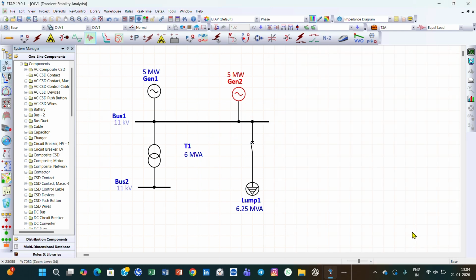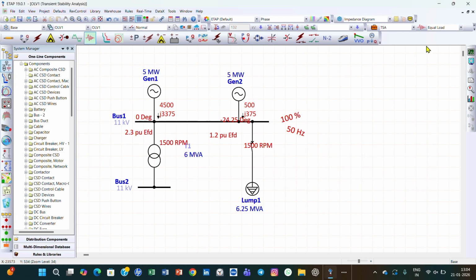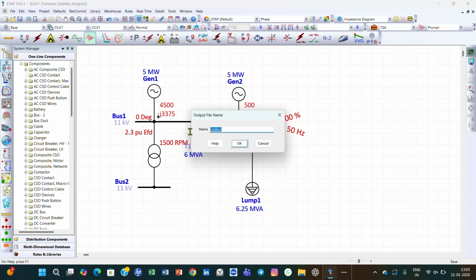Now we will run the transient stability again. One minute, we can close this. We can now name it new prompt and run the transient stability. We can name it unequal and OK.